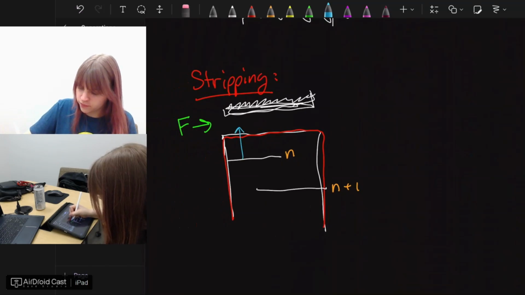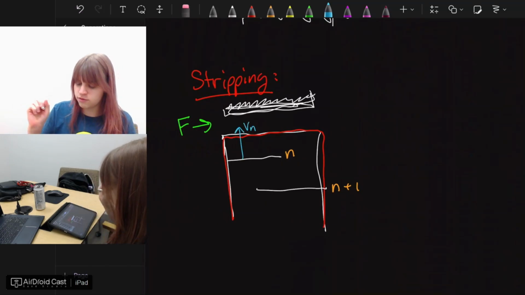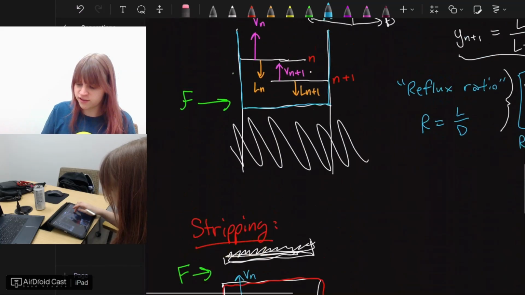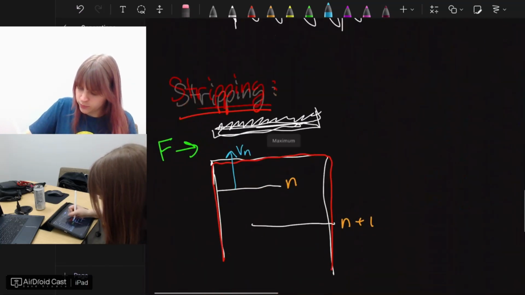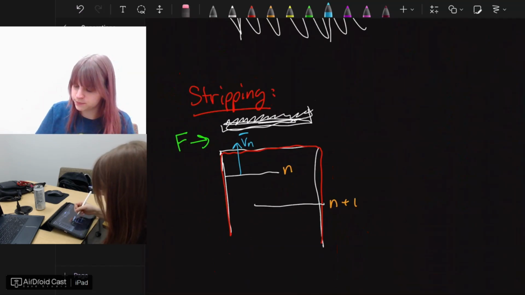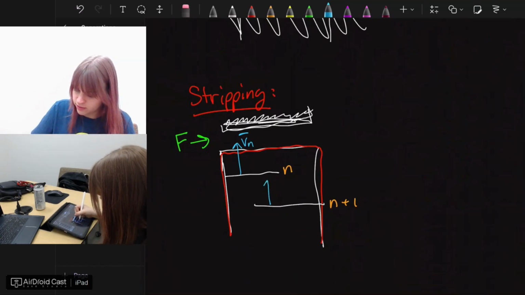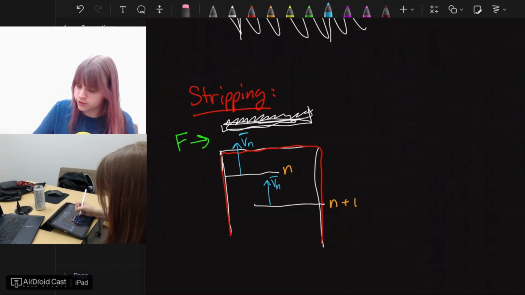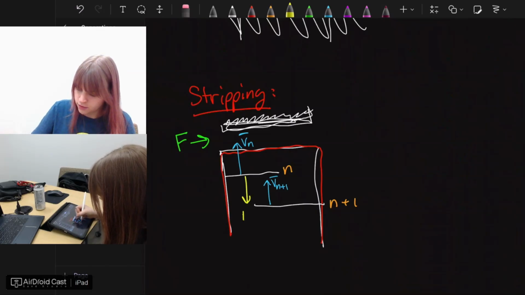The vapor is the same, it's Vn, V sub n, but we put a bar above just to make it obvious that this is in the stripping section. So we do the same thing here, V bar n plus 1. And then our liquid coming down, we do the same thing, we add a little bar above.